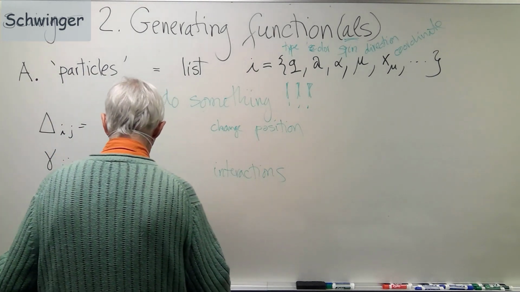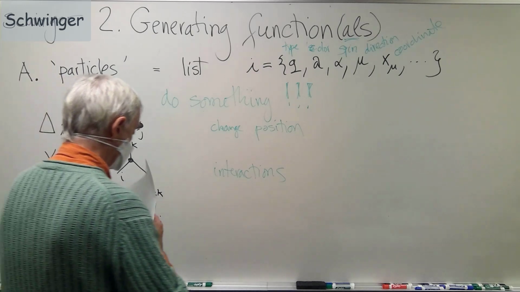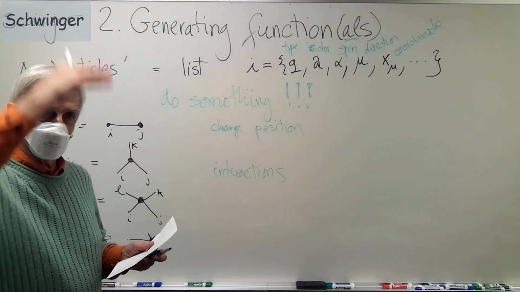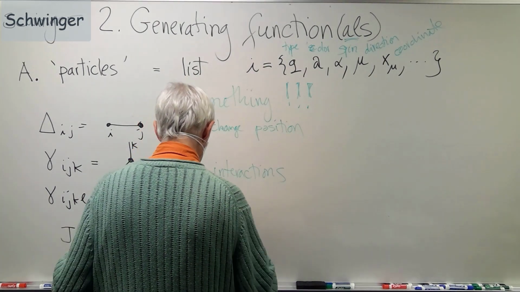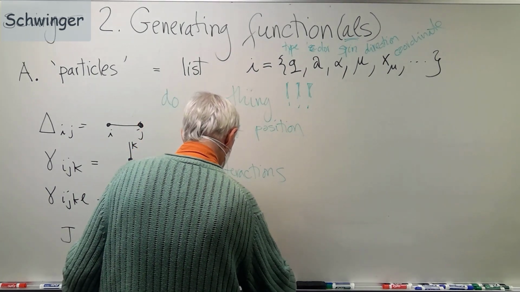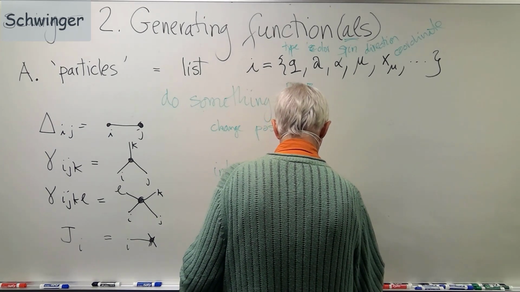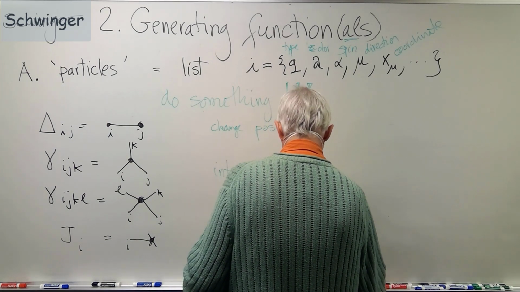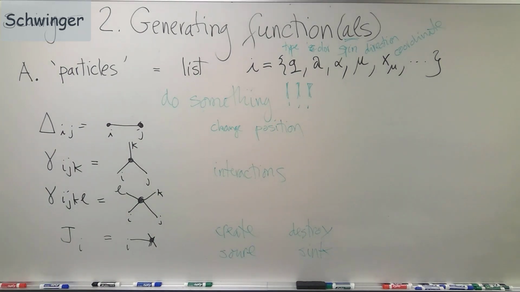Depending on how I think about it, for example, if I had temporal ordering, I might think about things that pop up, they are created. I have a source that creates stuff, or I can destroy. That's called a sink. So that's the most general possible setup.